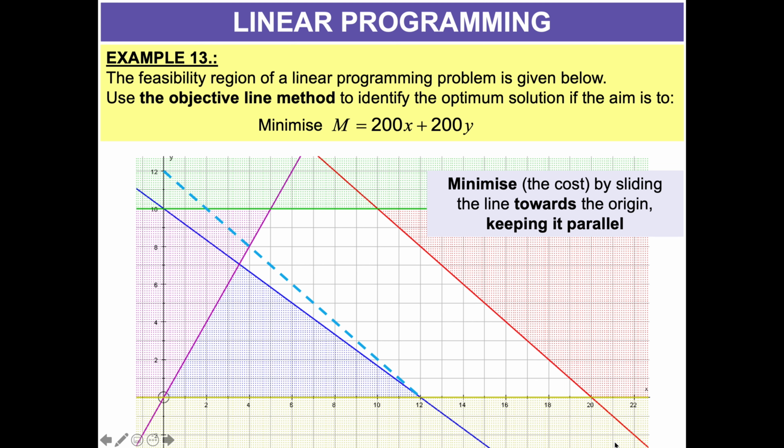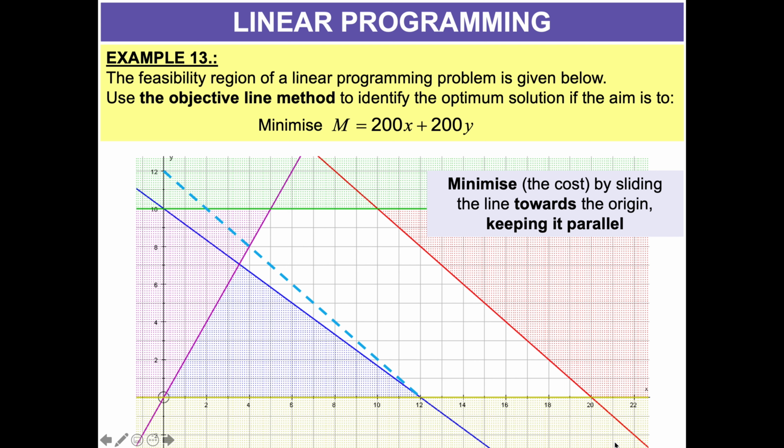Now you know you need to minimize the value of the variable m if it represents the cost, so you know you need to move towards the origin while you keep the line parallel with the initial line that you sketched. Now remember, before I said you can do 6 and 6, but if you connect 6 and 6, the gradient would be okay, but it's outside of the region, so eventually you would have to move it a little bit up.